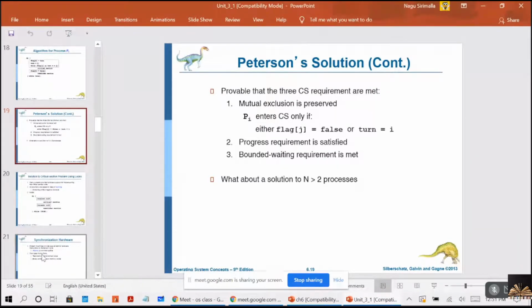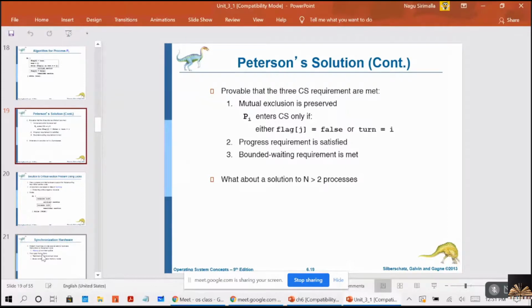It will make turn equal to I when it is done with its execution part. That means if turn is equal to I, then Pi will enter the critical section. If turn is equal to J, Pj will enter the critical section. Once Pj exits its critical section, it will reset the flag to false, allowing Pi to enter.